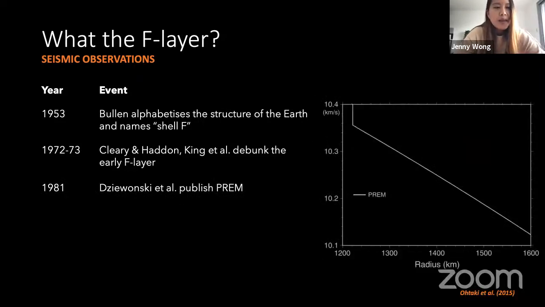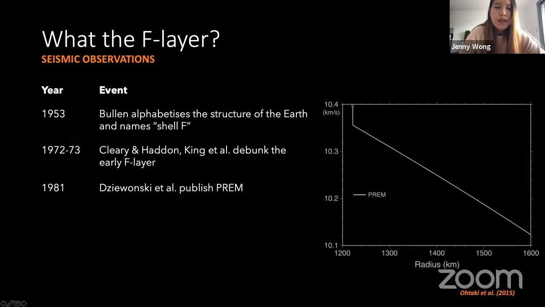And then in 1981, Dziewonski et al. published this PREM model, which is basically the standard reference model that we have for the 1D interior of the Earth. So here we have the P wave velocity that you would see from seismology, and this is a function of radius.